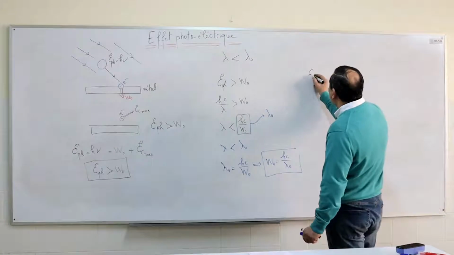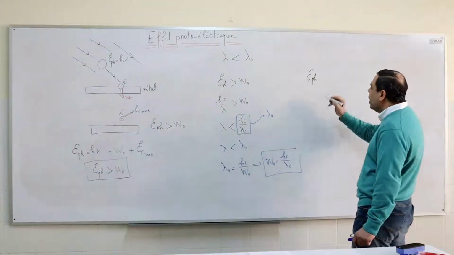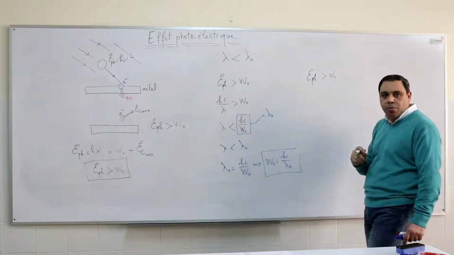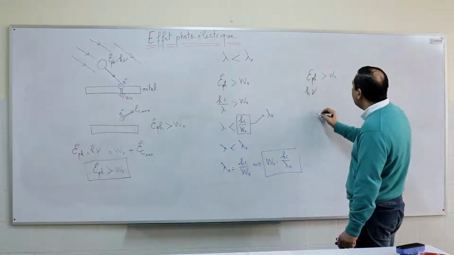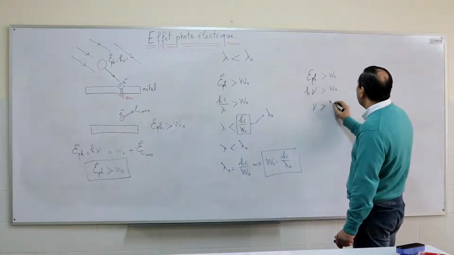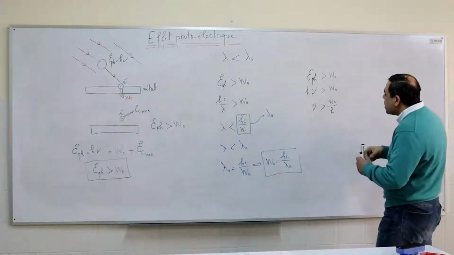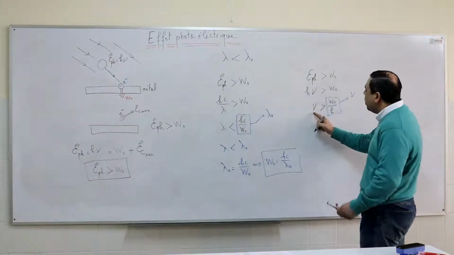In the appearance of the photoelectric effect, we always have that the energy of the photon is greater than the work function W0 of the metal, and as a result, h nu should be greater than W0. Then nu greater than W0 over h. We can also denote W0 over h by nu 0.